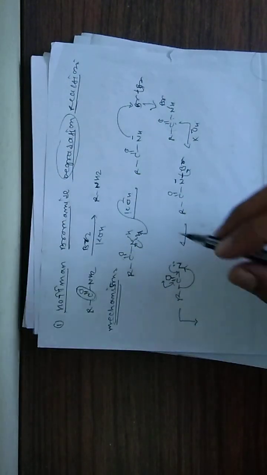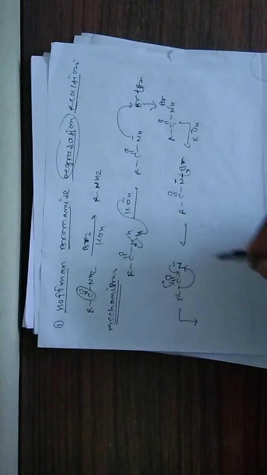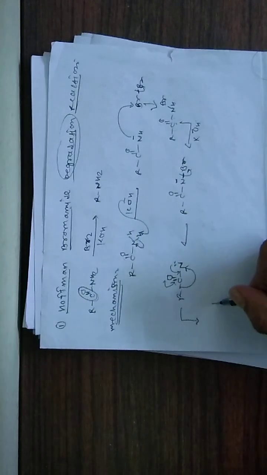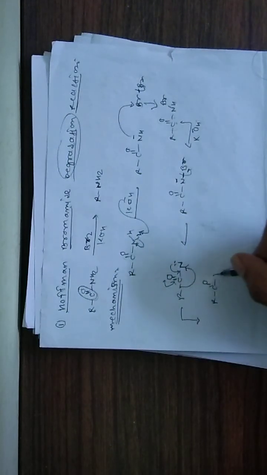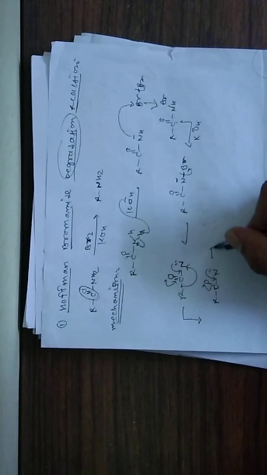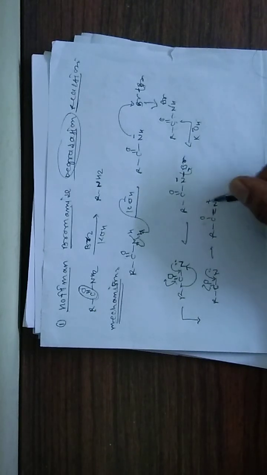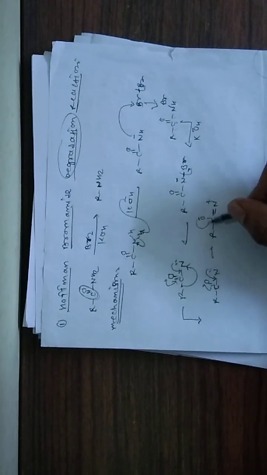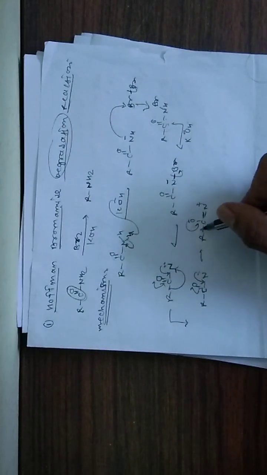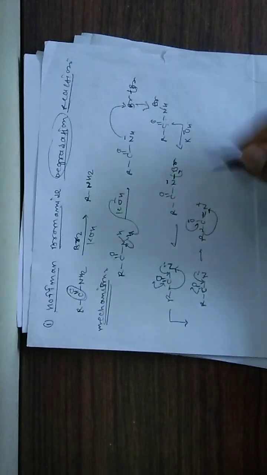The whole step is concerted, but I will explain in detail how it happens. Suppose this lone pair of nitrogen goes here and this bond opens. Then RCO minus N plus will come, this negative charge will come back, and this alkyl group will migrate to nitrogen.